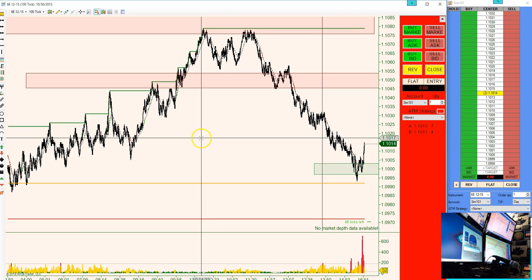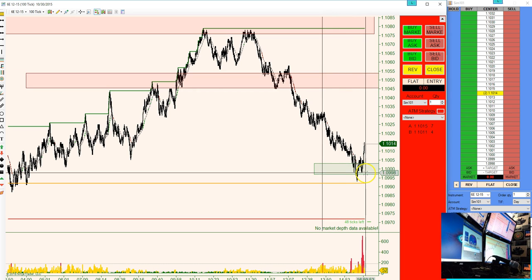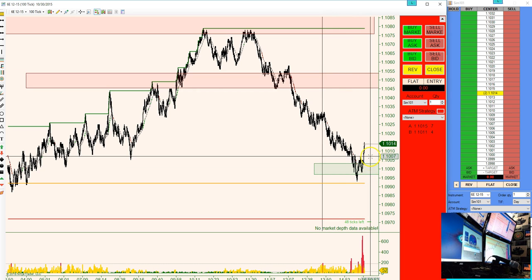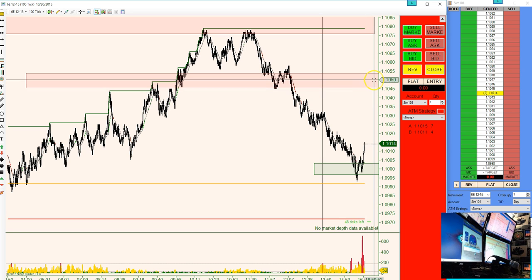So now we're on our 100 tick chart, and you can see where those areas were. Currently price has moved down to the 0-0, picked up some support here, and like I said, I wouldn't be surprised if we traded back up here to this 5-0 and retested it before heading south.